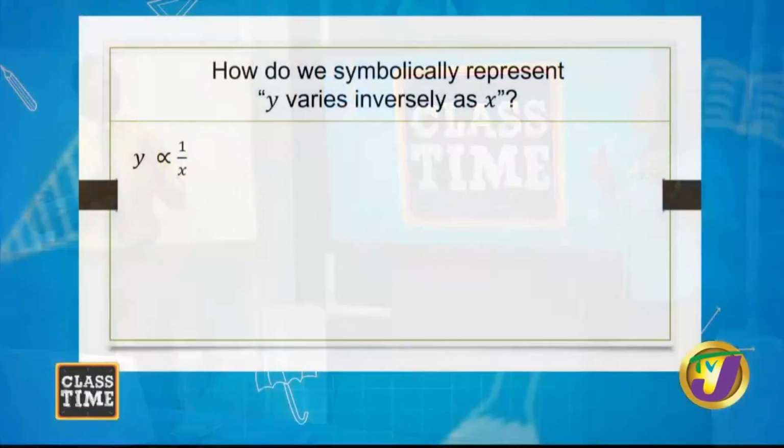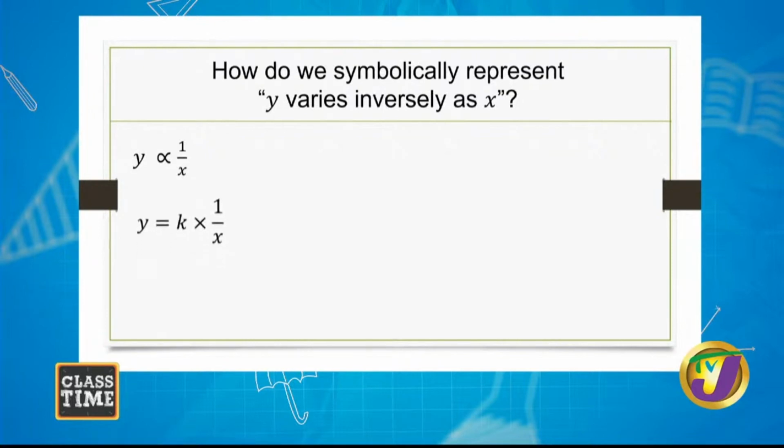Y is directly proportional to the inverse, or the reciprocal, of X. Or we can say that Y is a constant multiplied by the reciprocal of X. The reciprocal of X simply means we are dividing 1 by X. So it's 1 divided by X. No big deal.